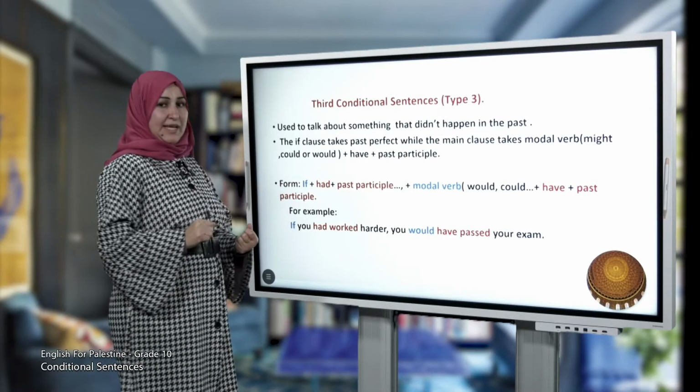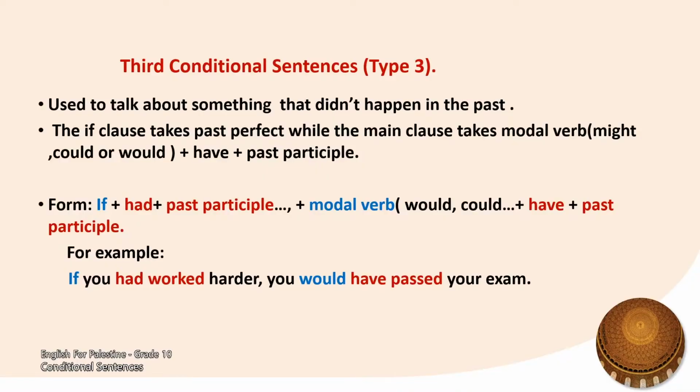The form is if plus had plus past participle, which is called past perfect, and in the second clause we will have modal verb such as would or could plus have plus verb 3 or past participle.